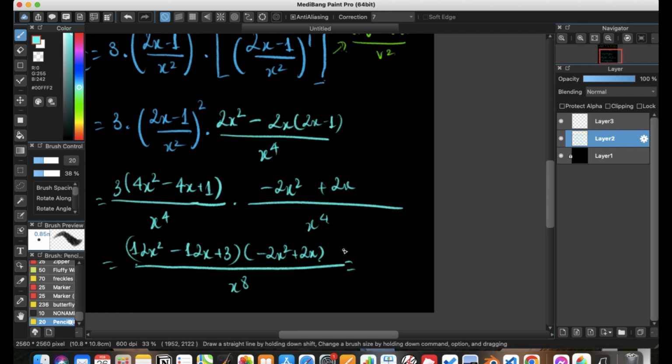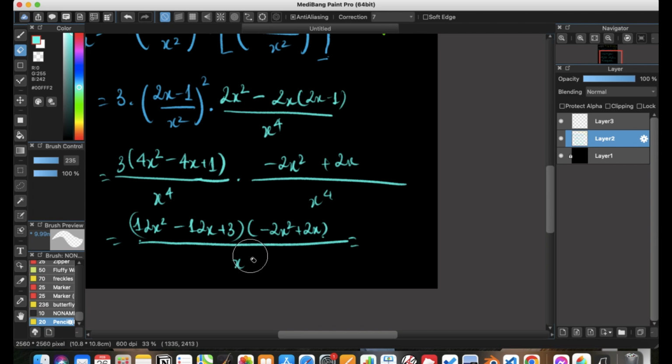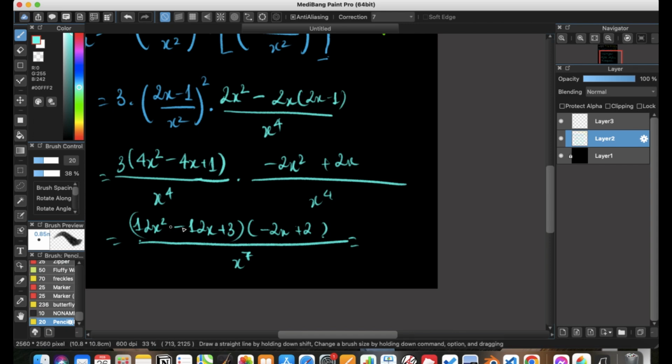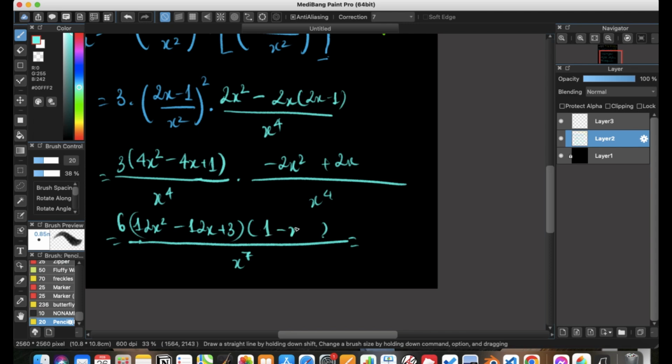So, basically, here I'm going to divide that with respect to x. I'm going to put 2 outside of the equation, and we're going to put 3 outside too. So it's going to be 6 here, and here that would be 1 minus x.